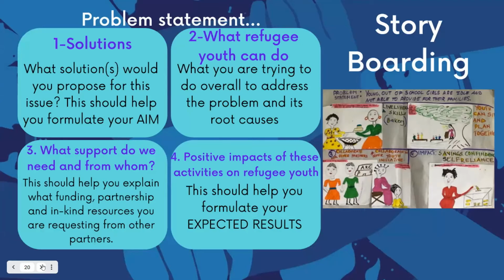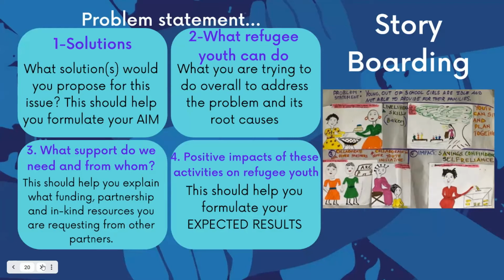And then box 3: what support do we need and from whom? This particular box will help you to really look at what support we need. Is it funding support? Is it capacity building support? It helps you to be clear on what sort of support you need to be able to solve that particular problem. And then the last box, box 4, will be looking at the positive impact.